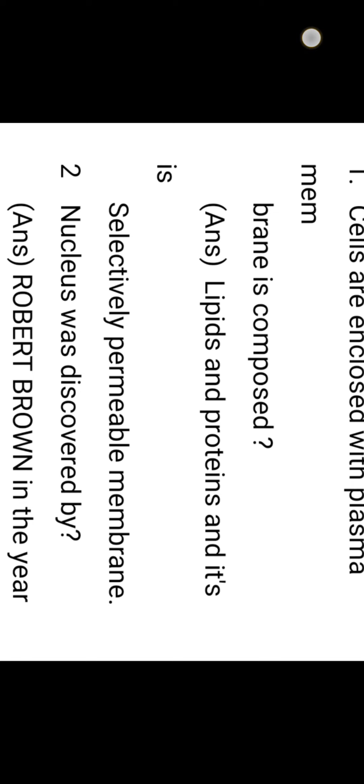For example, cell membranes allow only certain types of molecules through diffusion. Through the diffusion process, some important substances move either in or out of the cell. That is the answer to question number 1.